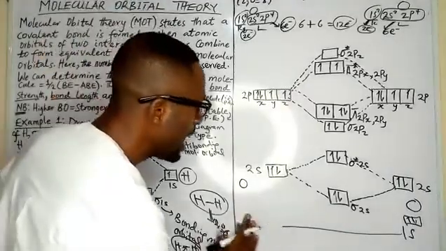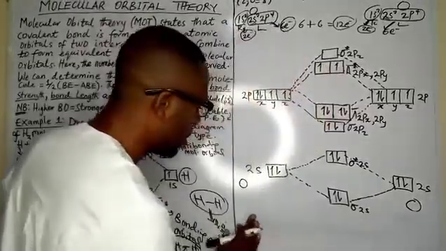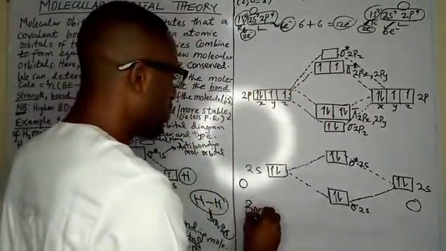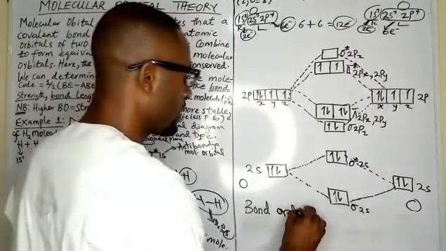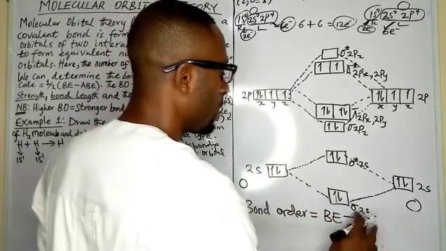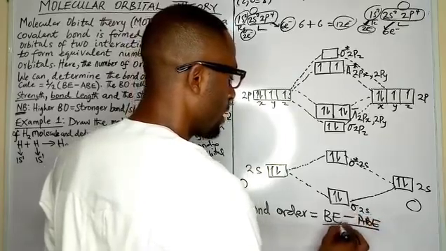So now, the next thing we are going to find is what we call the bond order. Beautiful, the bond order. So remember that bond order is equal to the total number of bonding electrons minus the total number of anti-bonding electrons, divided by 2.